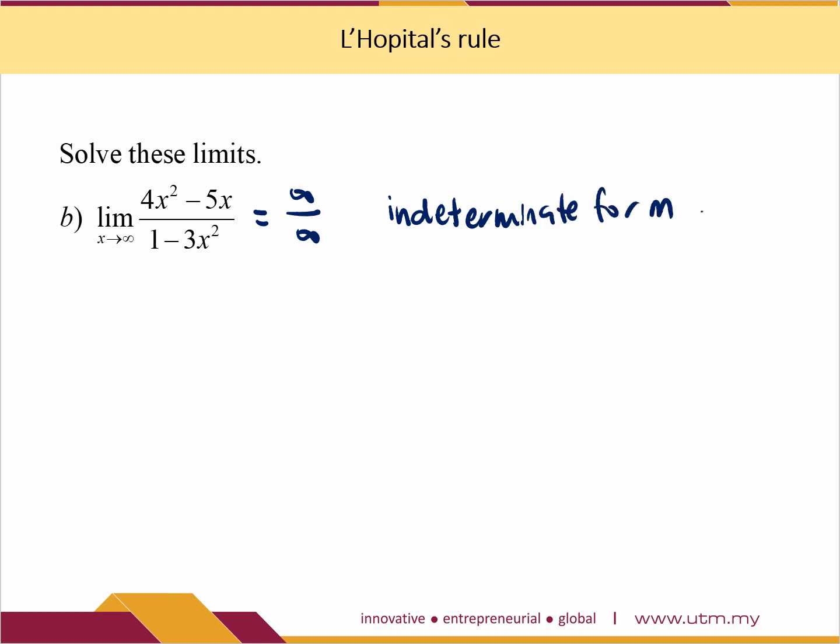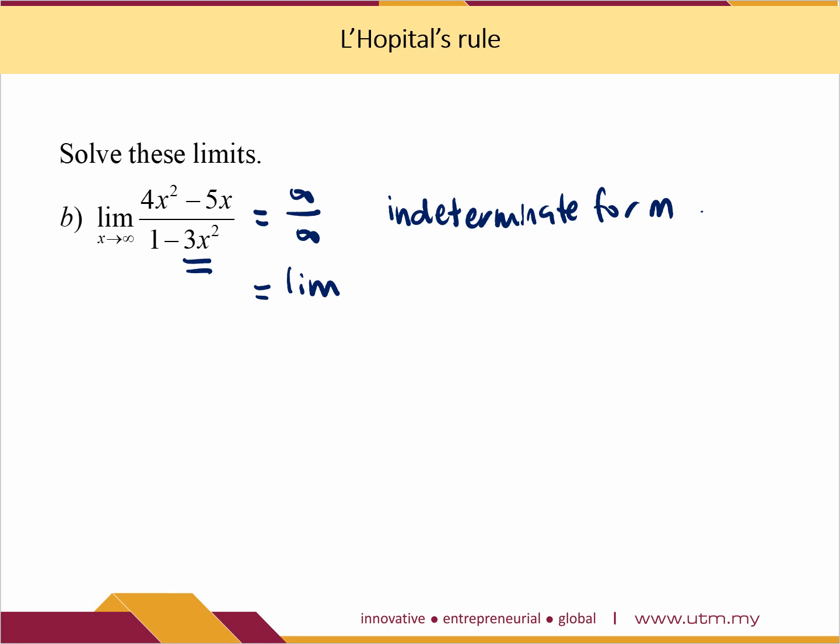What we can do here is solve this by dividing all the terms in the numerator and the denominator by the highest power in the denominator. The highest power of x in the denominator is 3x squared, so we just omit the 3.